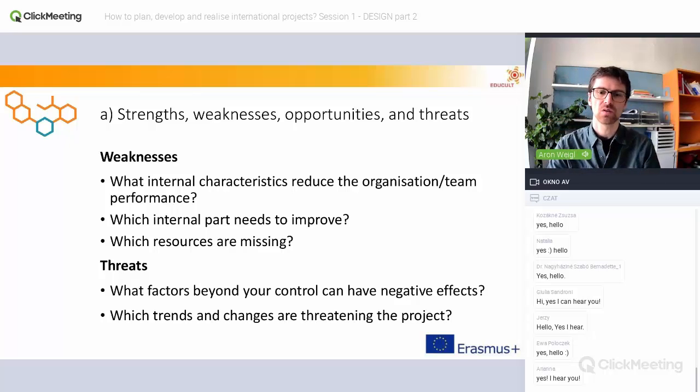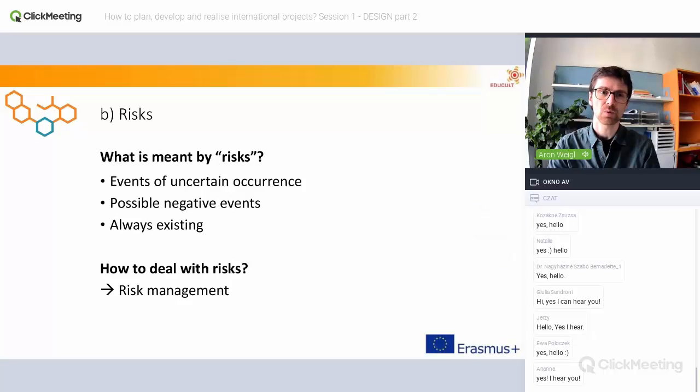This is quite the same, you can say. But in general, risks are defined as events of uncertain occurrence and not necessarily negative. Yeah, this is so in the definition of the term itself. A risk can also be or have a positive effect, but normally we understand it as negative events.